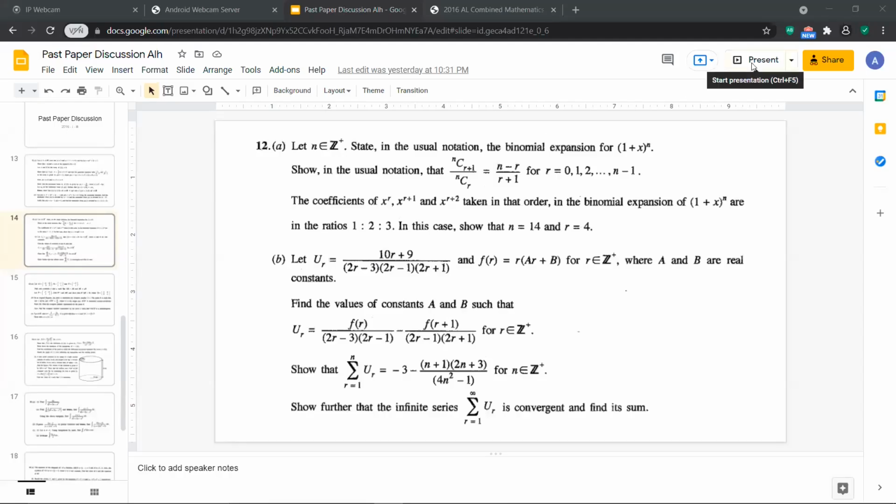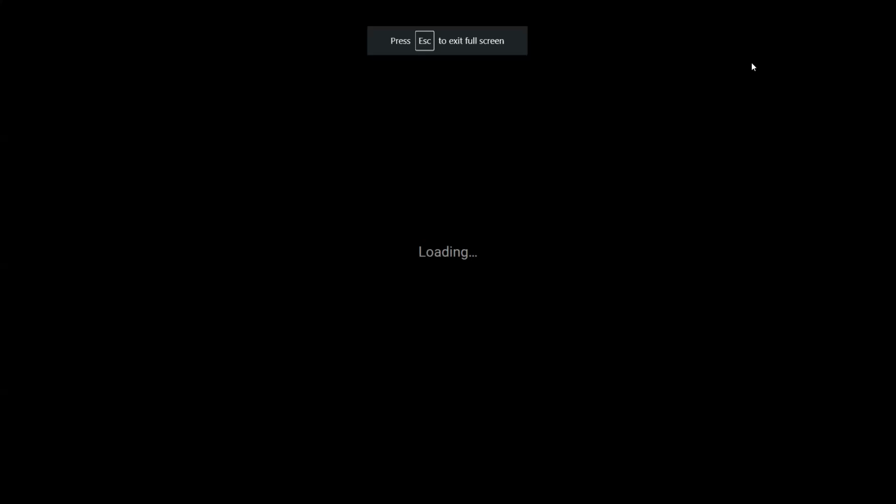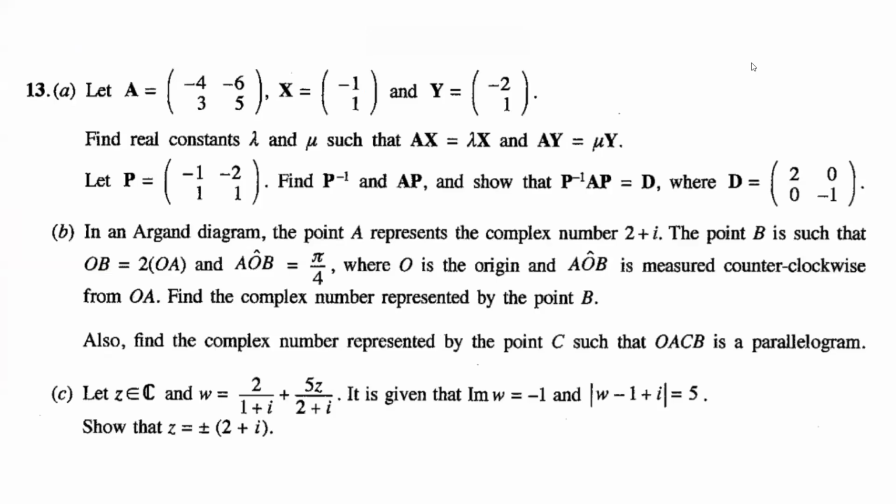So we discussed 2 questions, the 11th and the 12th. Next we'll be moving on to the 13th one. As you can see, the first part is about matrices. The second part is about complex numbers. Most people think matrices is an easy subject, an easy lesson, and yeah, it's easy.